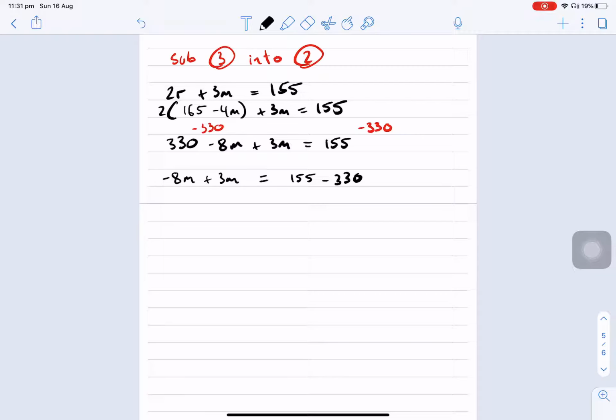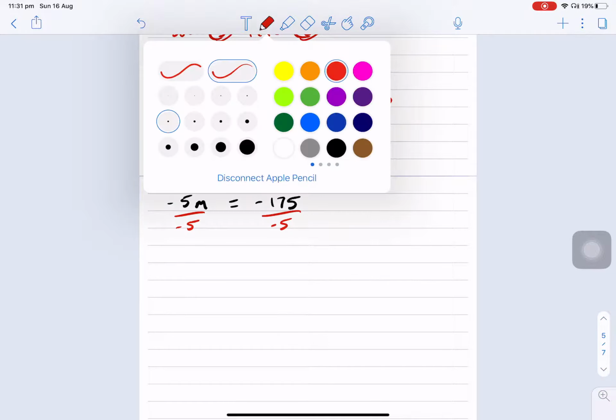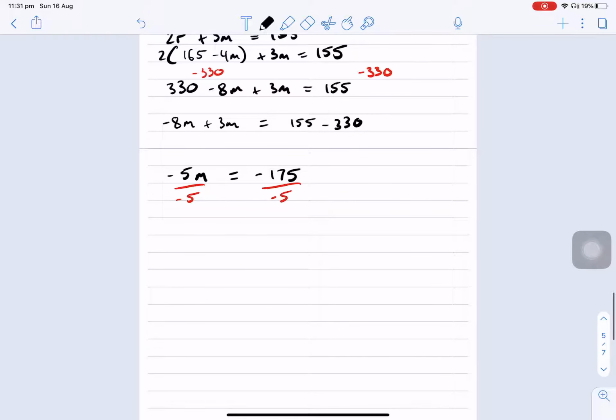Negative 8M plus 3M gives us negative 5M. And that is going to equal 155 minus 330, which is going to be negative 175. Yes, that's right. So negative 5M equals negative 175. Let me just divide both sides by negative 5 to get M by itself.